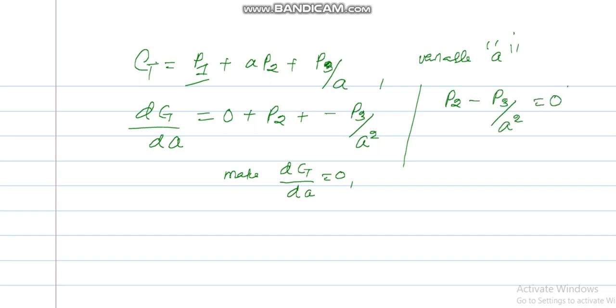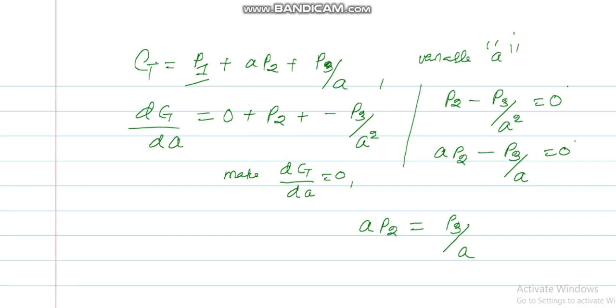Kwa tutapata, multiply by A throughout, tutapata A P2 minus P3 divided by A equals to 0. Kwa tutapata A P2 sawa na P3 over A. Okay? Sio?